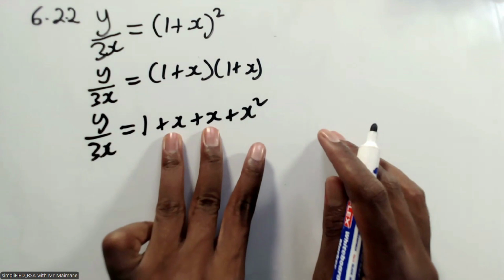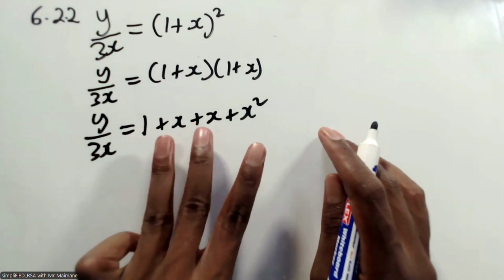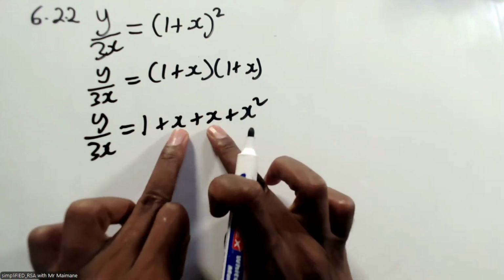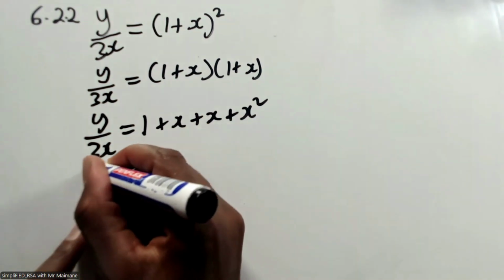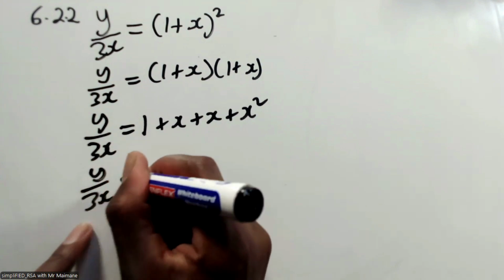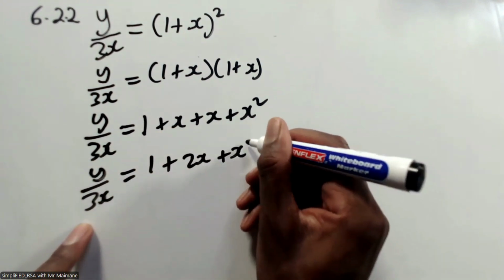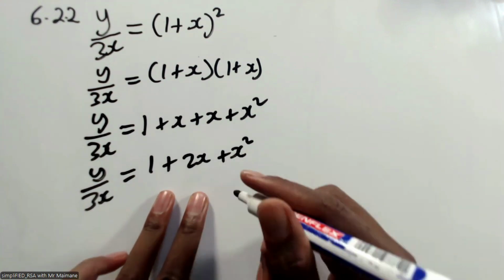And then from here, I can see that I have 1 plus x plus x plus x squared. These are like terms, so I would add them, and then I would have 1 plus 2x plus x squared, like that.